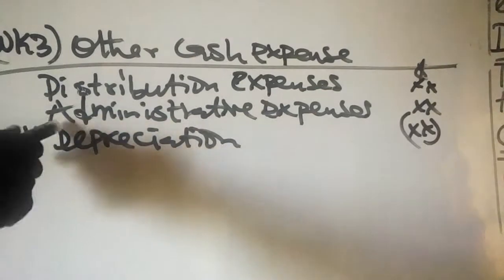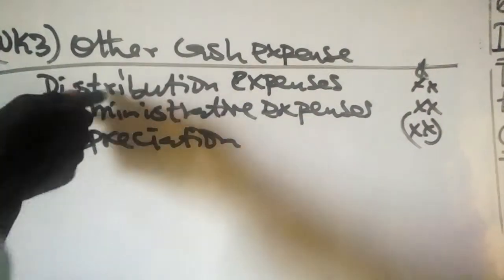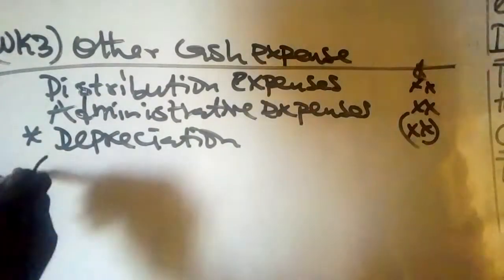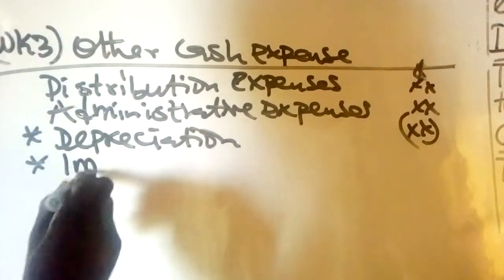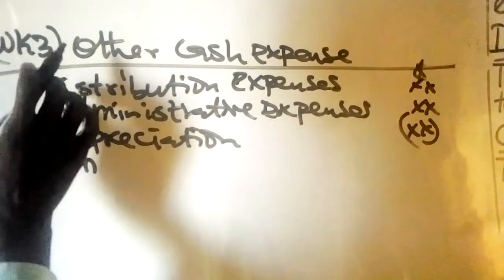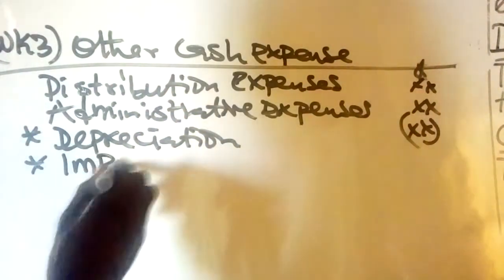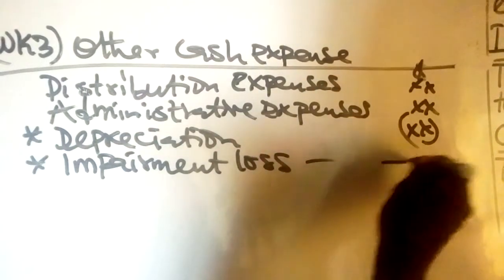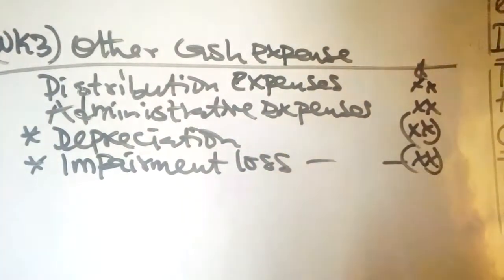That means adjustments for depreciation must be made where they have been included. Where the depreciation is in distribution or administrative expenses, impairment loss follows the same principle, so your impairment loss will be removed as well.